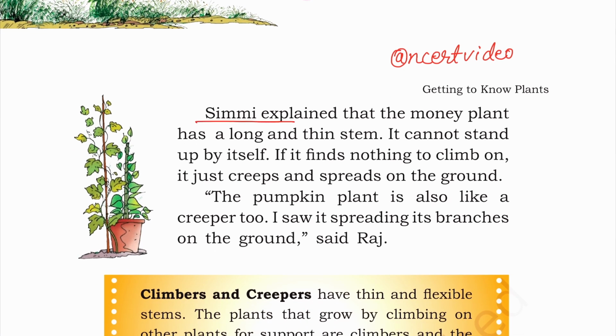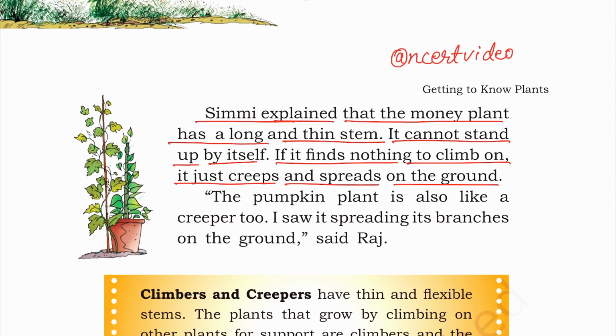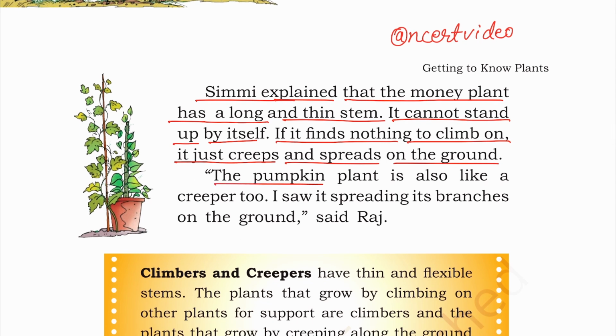Simi explained that the money plant has a long and thin stem. It cannot stand up by itself. If it finds nothing to climb on, it just creeps and spreads on the ground. "The pumpkin plant is also a creeper. I saw it spreading its branches on the ground," said Raj.